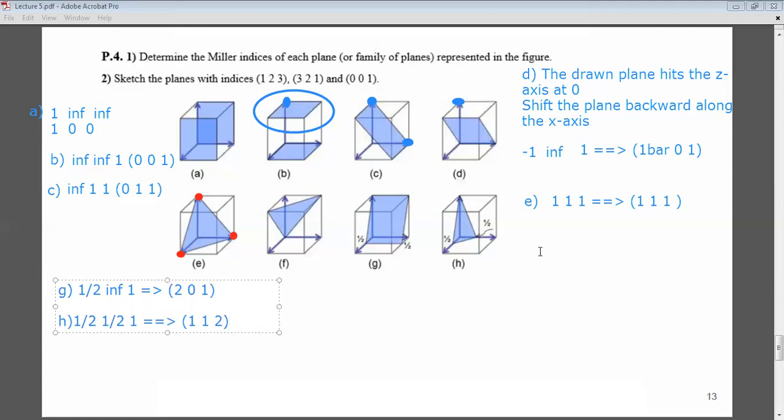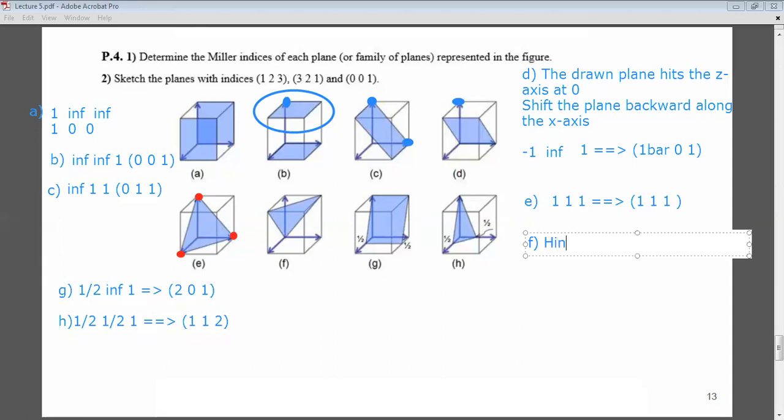As for part F, I will leave it for you to play with. I will just give you a hint. So before I give you the hint, what's happening here is that, you can see over here, it's hitting the x-axis, y-axis, and z-axis at 0. So we cannot deal with this.